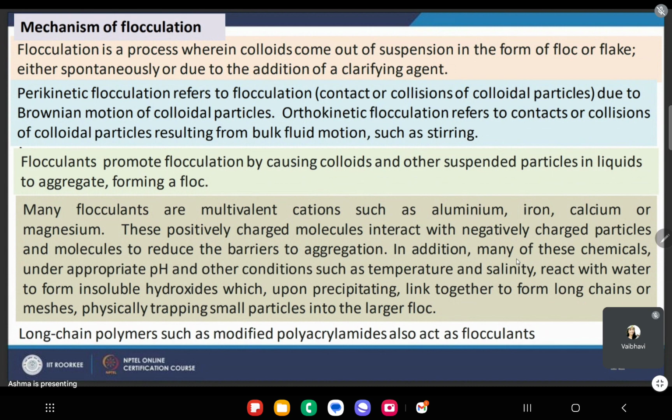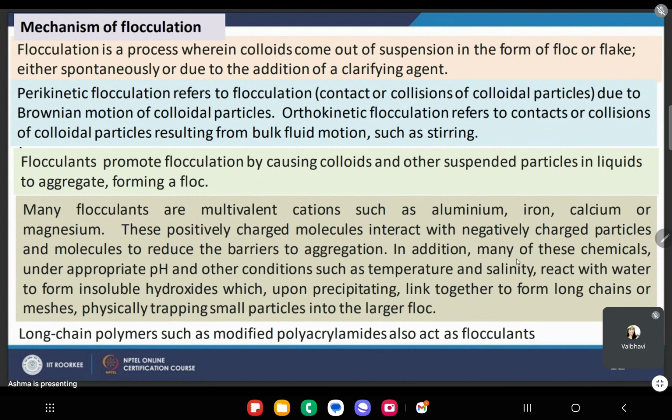neutralization. So as we know, colloids are the particles which cannot settle by gravity, or it requires a very long time for settling, because these colloid particles are repelled by each other due to the charge. And generally these colloid particles, if we see in the water system, are negatively charged.